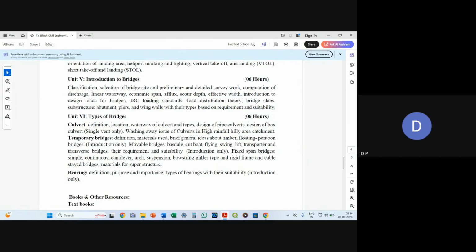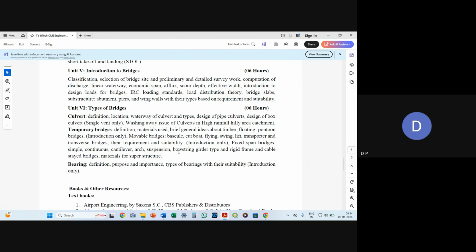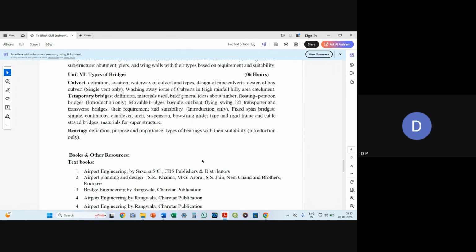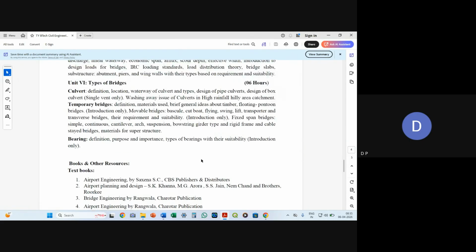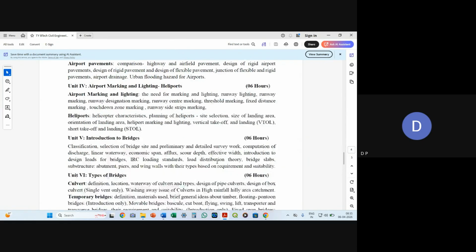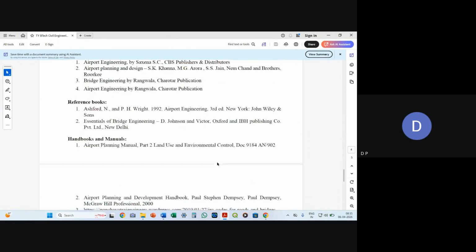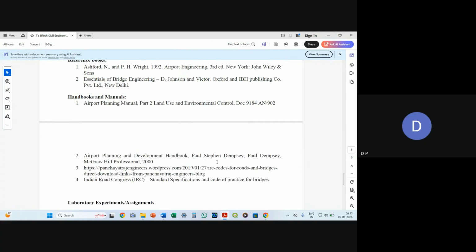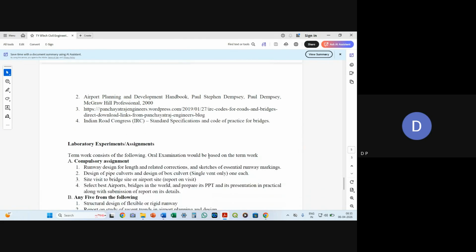Similarly, you can see countries are targeting bridges of other countries so that the infrastructure facilities will get paralyzed, or that particular country will not be in a position to attack properly. So you can see the important role of particularly airports and bridges in the safety of a nation as well as during warfare situations.